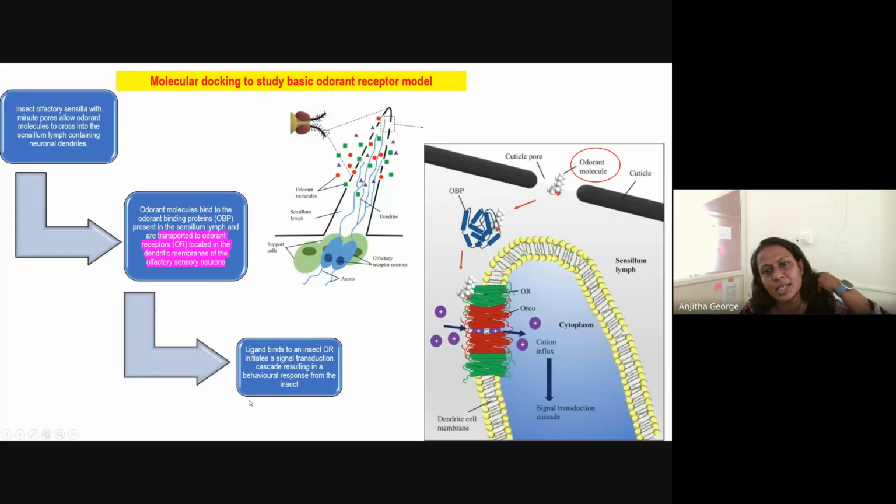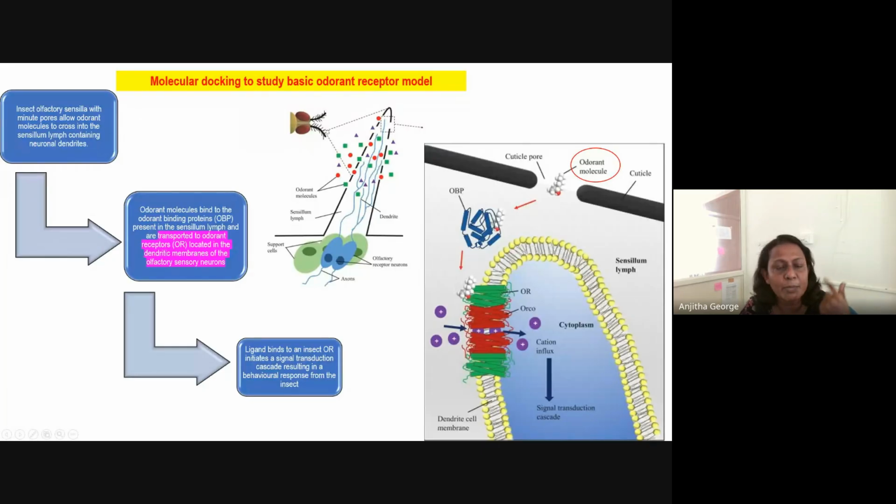And the last one, I told you that these volatile compounds are recognized by these insects mainly using the antenna. So this is the insect antenna. On the insect antenna, this odorant molecule will be recognized. There are gaps in this antenna structure, so the odorant molecule will come inside.